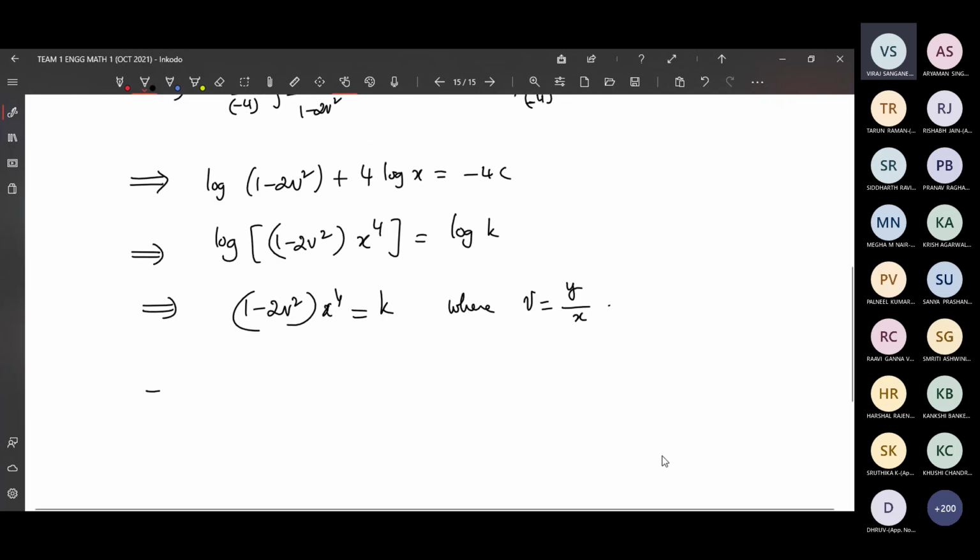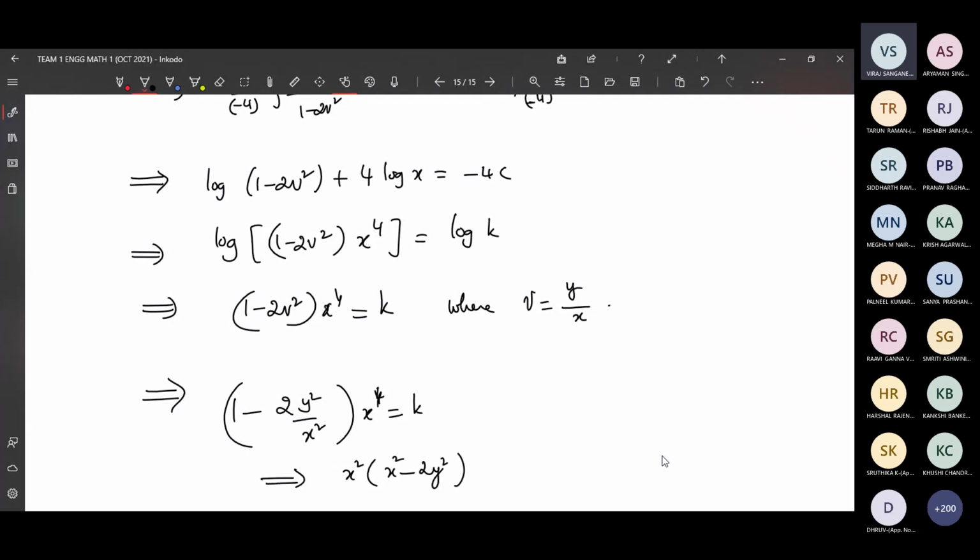Put it in here. 1 minus 2y square by x square, times x power 4 is k, means x square into x square minus 2y square equals k.